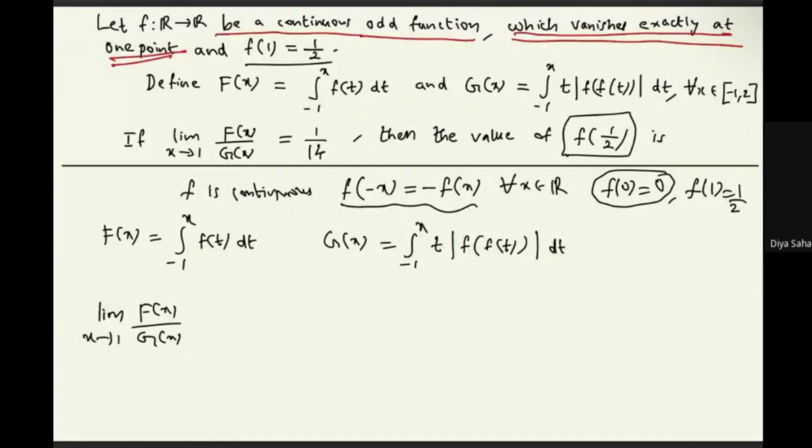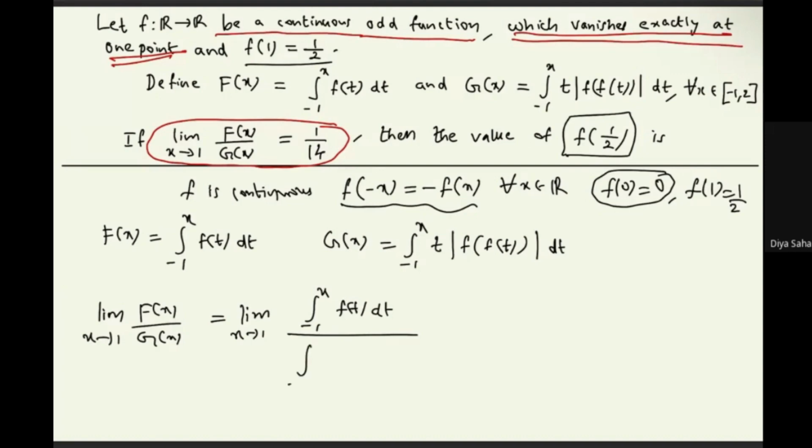So now they have given this thing. What is this limit if you expand it? This is the integral from minus 1 to x of f of t dt divided by the integral from minus 1 to x of some function of t.